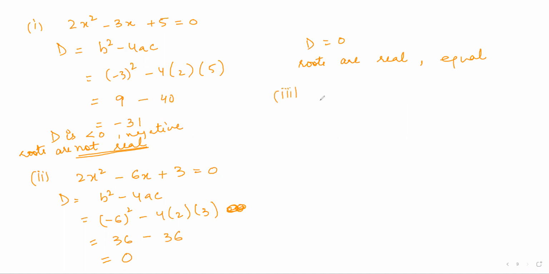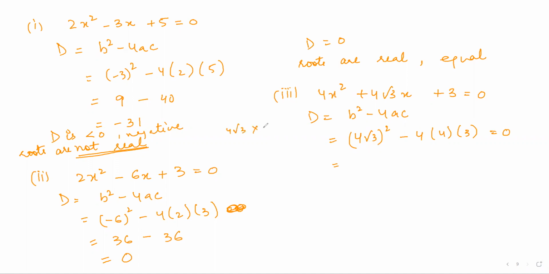Third, let's see, 4x square plus 4 under root 3 x plus 3 is equal to 0. So find out d, again b square minus 4ac. So that becomes 4 under root 3 whole square, minus 4 into 4 into 3. So 4 under root 3 into 4 under root 3: 4 into 4 is 16, and root 3 into root 3 is 3.